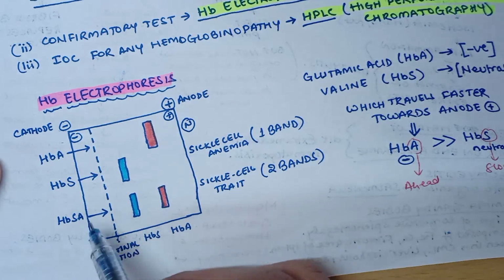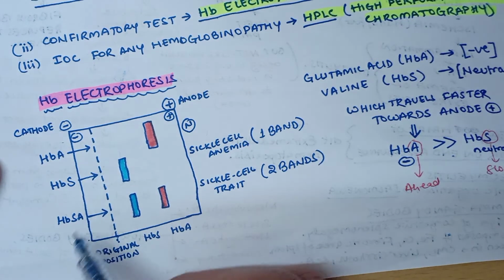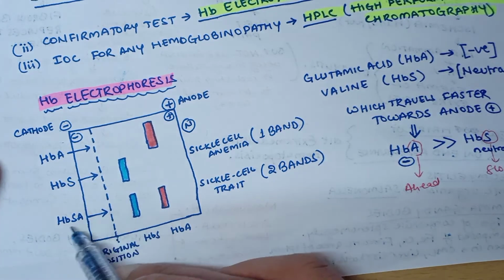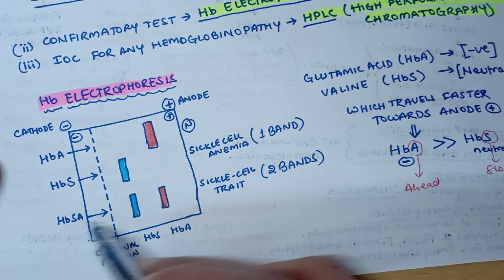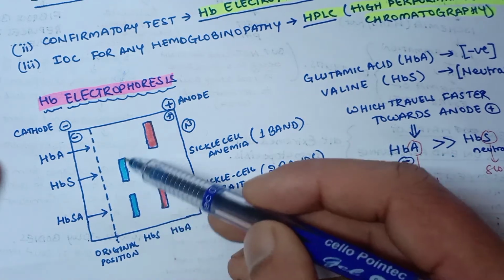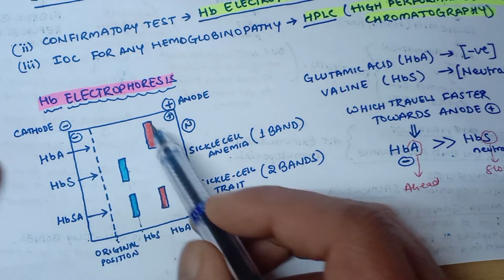And HbSA has both A and S. HbA, that is the glutamate, will move farther away from the cathode, whereas S will lag behind. HbS will be slow, S for slow, and A for ahead.